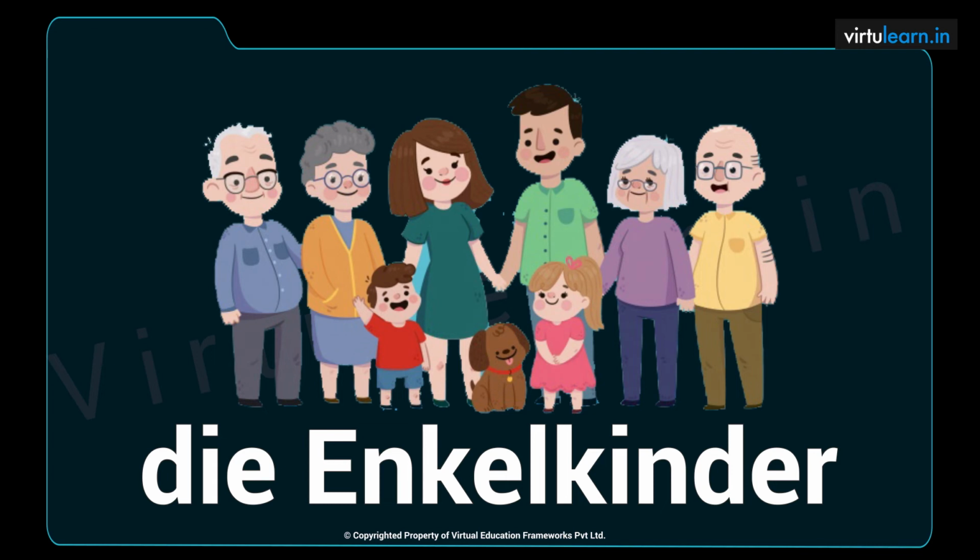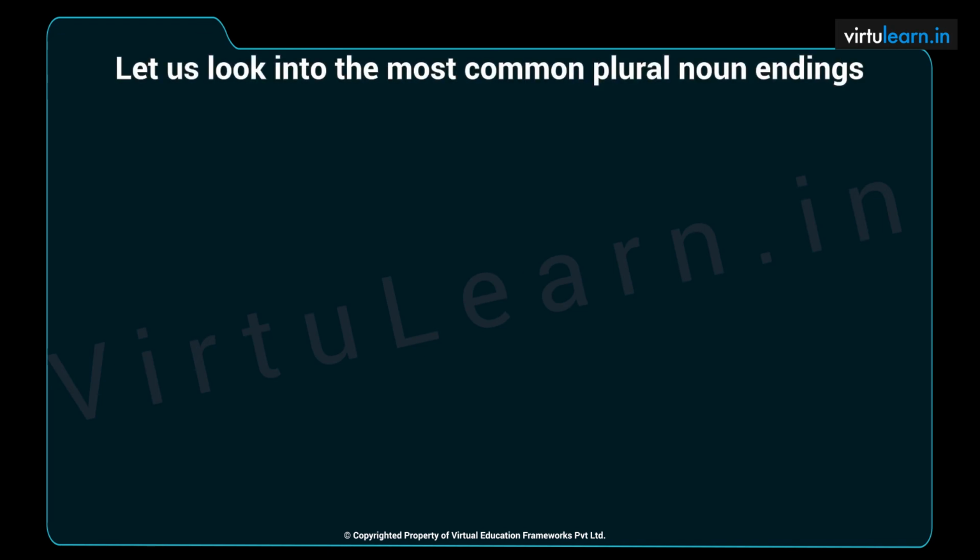As discussed earlier, every singular noun should have a plural noun. In English, almost all the nouns take an S ending for the plurals. That's not the same case in German. Plurals too have different variants. The endings are different in German nouns. So let us take a quick tour around the plural endings.